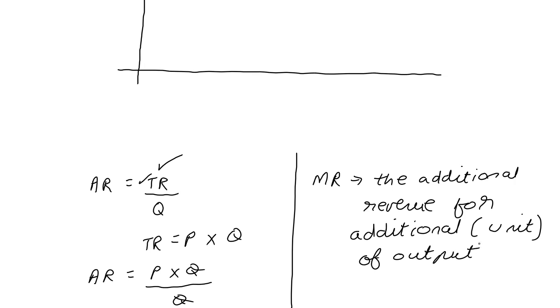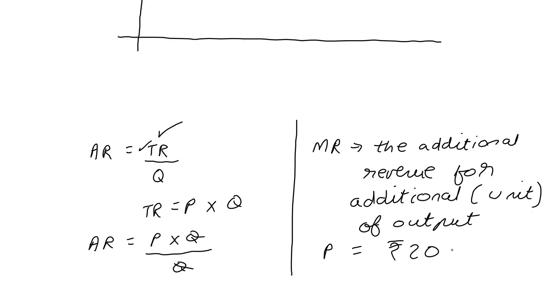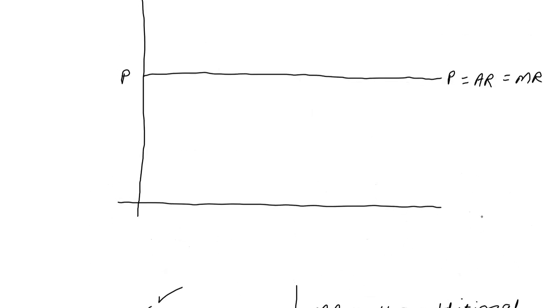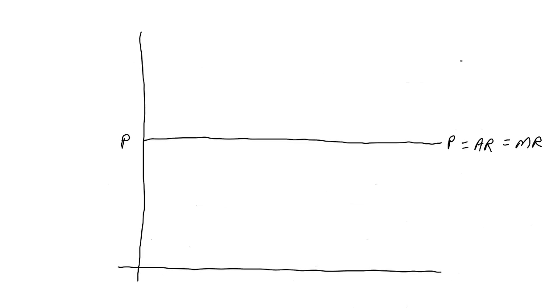Okay, so if your price is going to be the same no matter what, if you have set the price as, say, 20 rupees, if you sell the 21st product or the 31st product, the extra money that you earn is going to remain 20. Okay, therefore marginal revenue equals average revenue equals price.